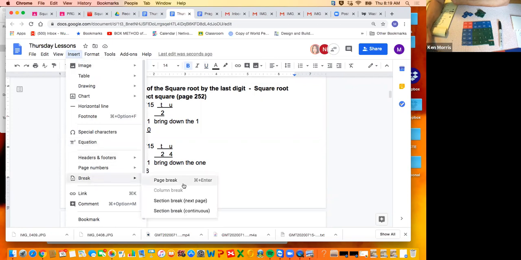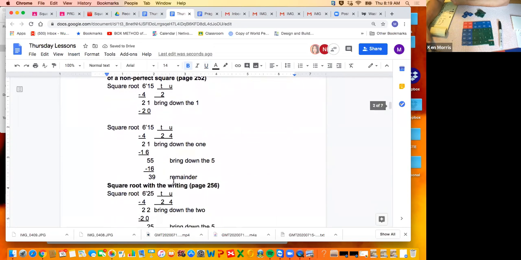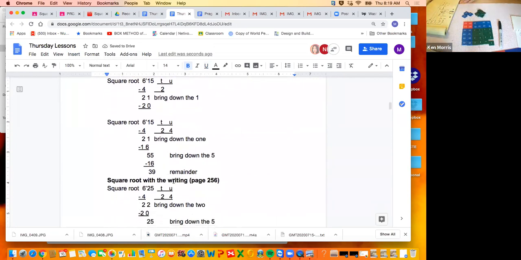All right, so let's walk through this once again just to look at it. So we start out with the square root of 615. And we know our answer is going to be in the tens and units because we analyzed the radicand. The largest square we can make out of 600 is 400, right there. I subtract the 4 from the 6. I'm left with 200s.